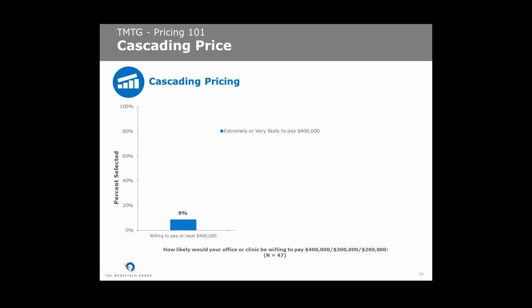So with cascading price, when asked how likely are you to pay $400,000, 6% of the respondents say they're willing to pay at least $400,000. The other 94% are asked the question, well, how willing are you to pay at least $300,000? And an additional 23% report, well, I am willing to pay $300,000. So now nearly a third of your respondents are willing to pay at least $300,000.